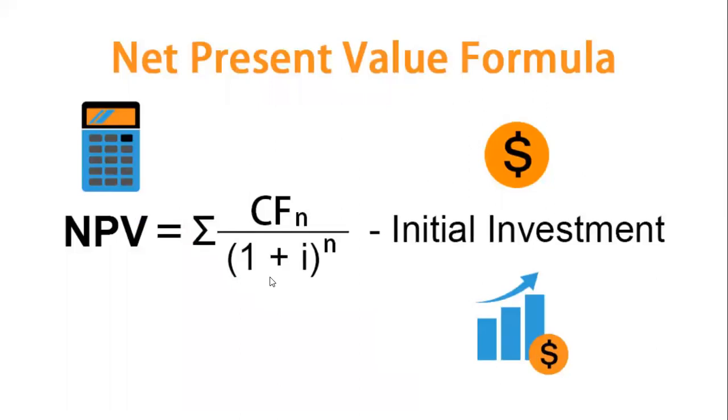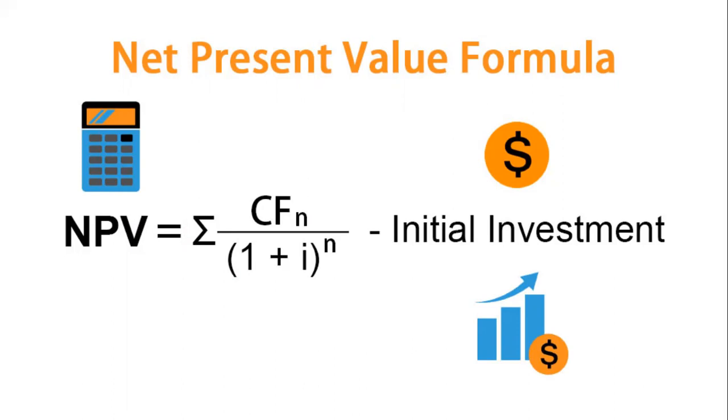And how do we evaluate the proposals using the net present value? If the net present value is positive, then we would say that the proposal is economically viable. So we would always aim for a net present value which is positive.